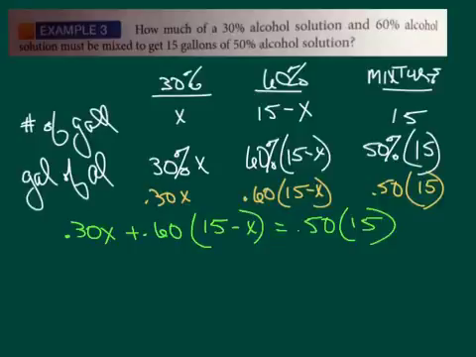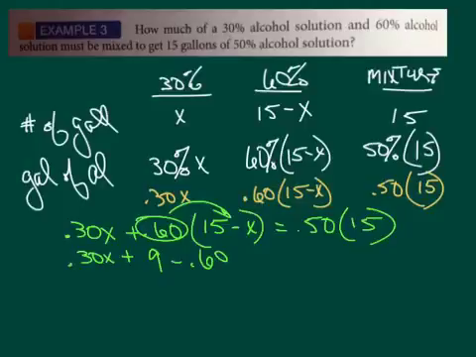So let's go ahead and do this. 0.30x plus 0.6 times 15 is going to be 9. 0.6 times negative x is negative 0.6x, equals 0.5 times 15, which is 7.5. Let's keep going.